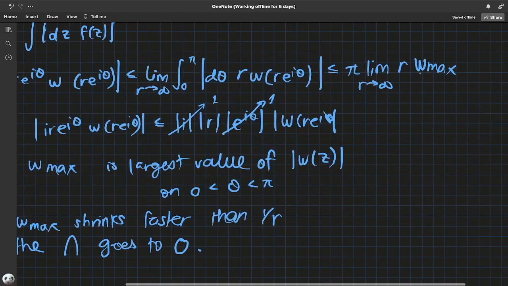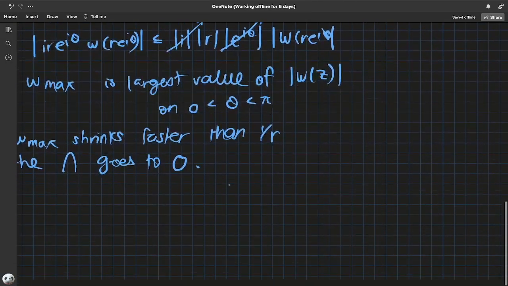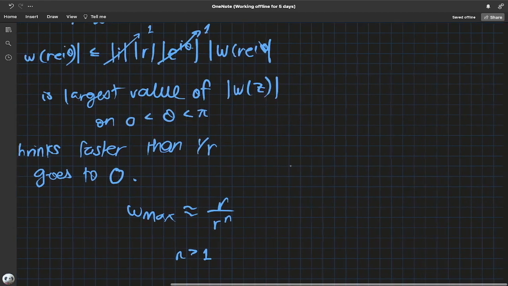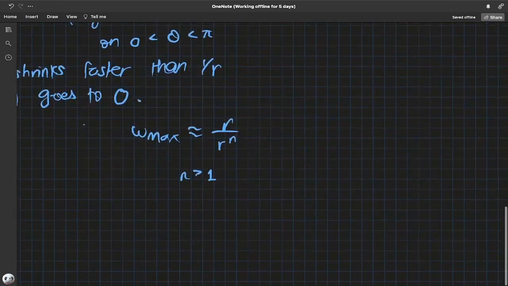We are just left with r times w max. So if w max is comparable to 1 over r to the n, where n is a power greater than 1, and we have r on top because of this, then if you take the limit, we'll have a denominator with a greater power than 1, which will clearly tend towards 0 in the limit.